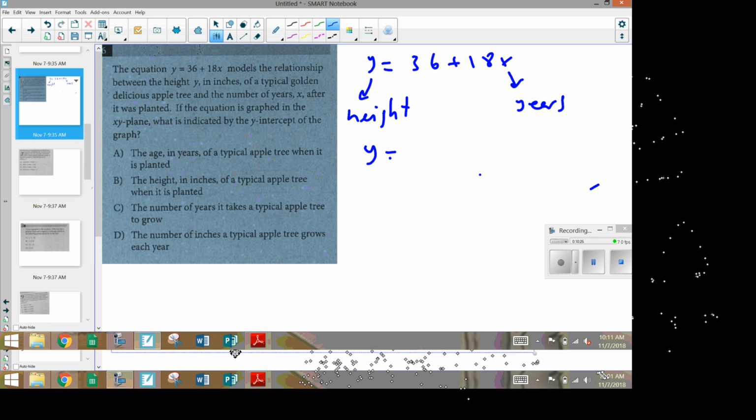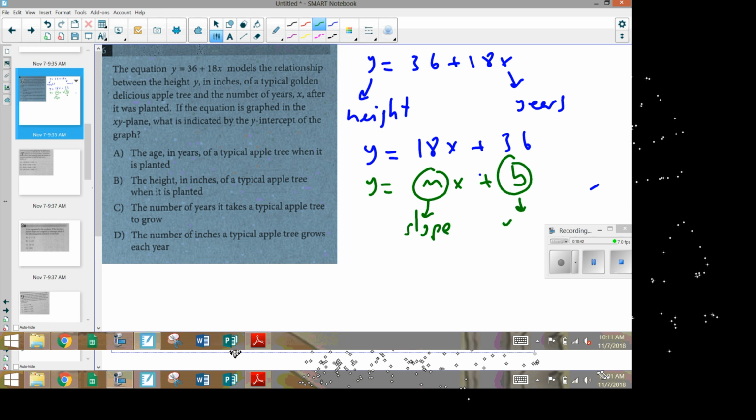So y is equal to 18x plus 36. You guys remember this formula? y is equal to mx plus b. Yes, slope-intercept, right? What is indicated by the y-intercept? So 36 is the y-intercept, right? It's asking that.